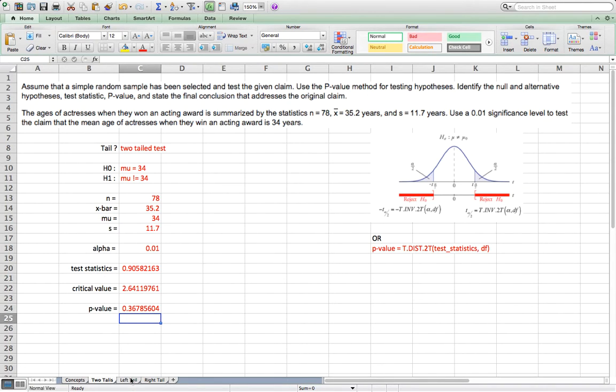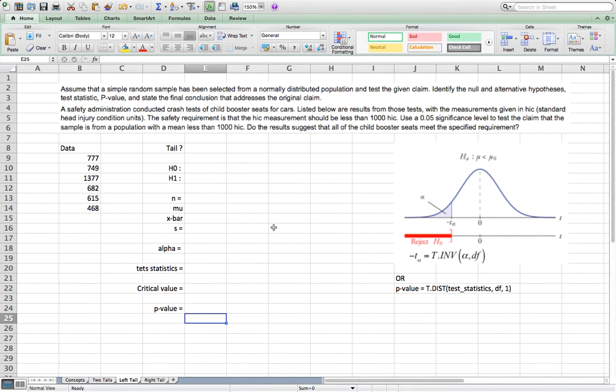Okay, now let's see another example, which is a left tail test. Assume that a simple random sample has been selected from a normally distributed population and test the given claim. Identify the null and alternative hypothesis, test statistic, p-value, and state the final conclusion that addresses the original claim. A safety administration conducted a crash test of child booster seats for cars.